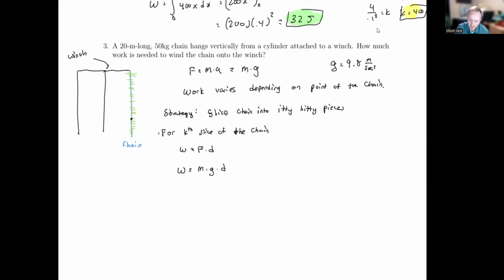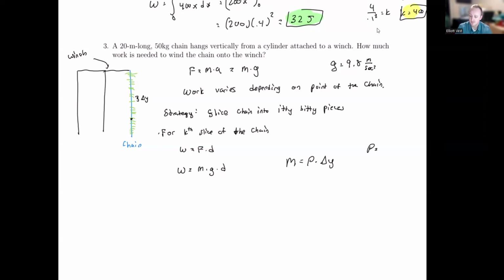So if mass is equal to density times the length we choose, the length in calculus notation is going to be some change of y, this change of our slice here. So that's good. We want stuff like this if we're going to create an integral, right?